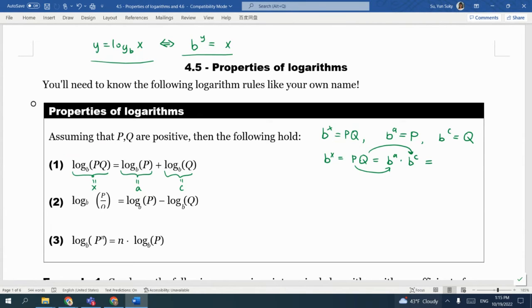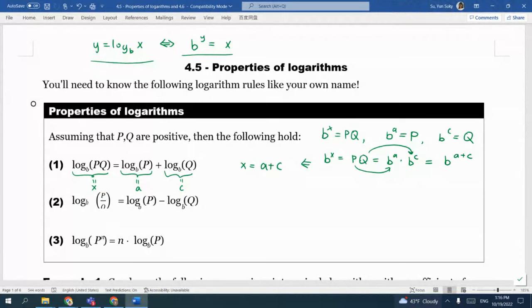Do you remember the exponent rule? b to the a times b to the c is b to the, what do you do to the exponent? Do you multiply them or add them? Add them, right? So this is a plus c. So we have b to the x equals b to the a plus c, and because they have the same base, the exponents must be the same. Therefore x equals a plus c.